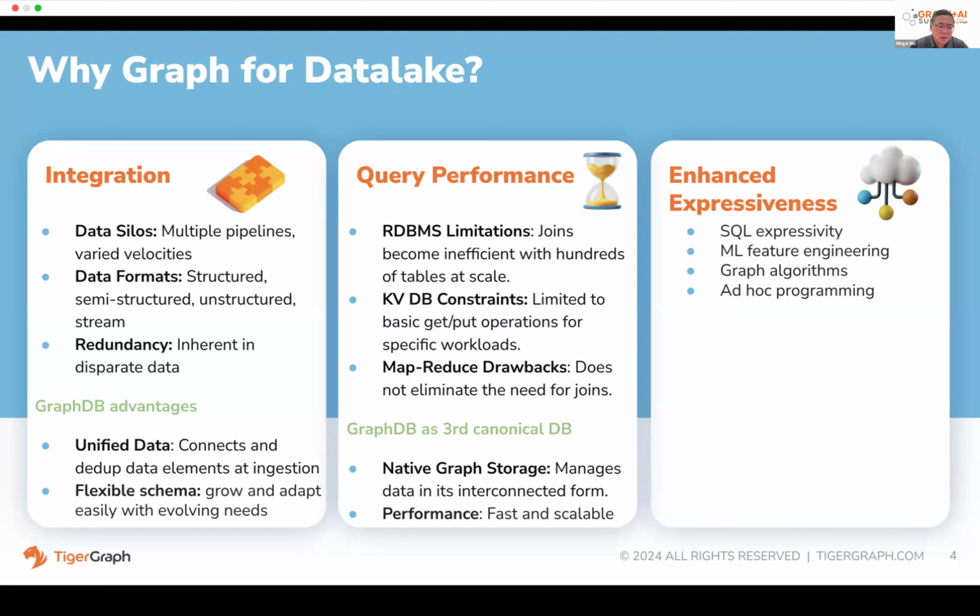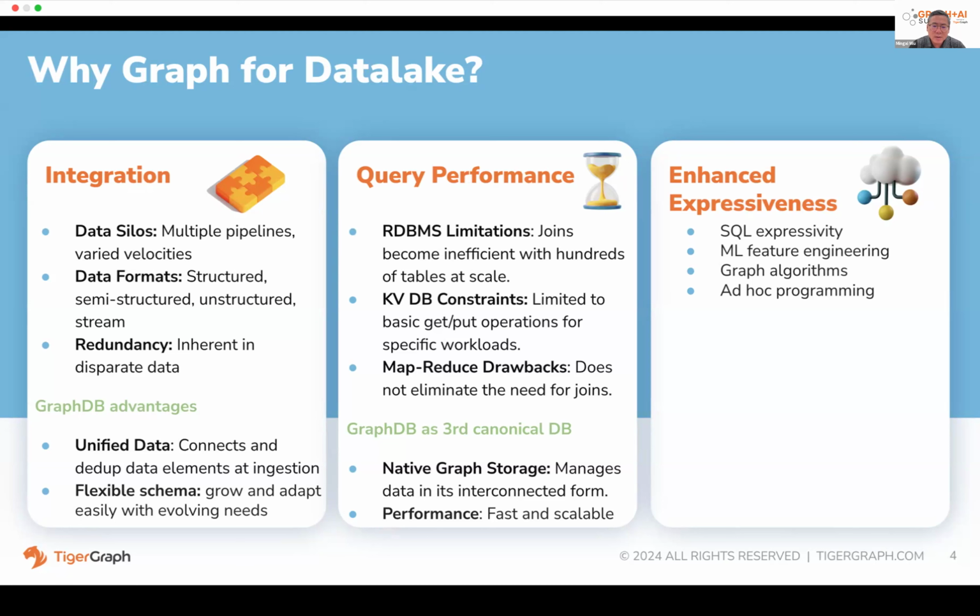But it's not good for connecting data, and it's not good for doing any complex analytic queries. The third category is MapReduce. The MapReduce compute engine is really flexible, and users can program any user-defined function into the mapper and the reducer to do any ad hoc computing. But it doesn't eliminate the need for runtime joins, so it has the same limitation as relational database runtime joins.